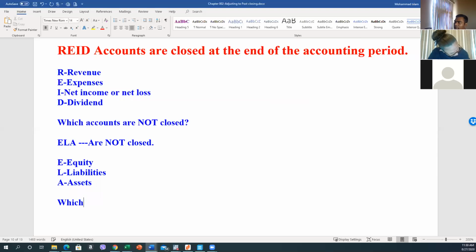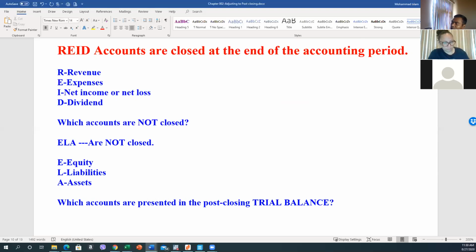Our next question is, which accounts are presented in the post-closing trial balance? Can you tell me? ELA. Yes. The equity, liabilities, and assets will be presented in the post-closing trial balance.